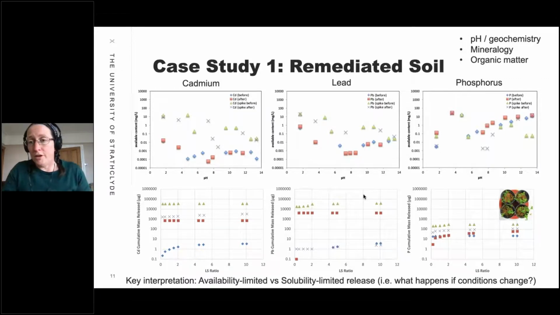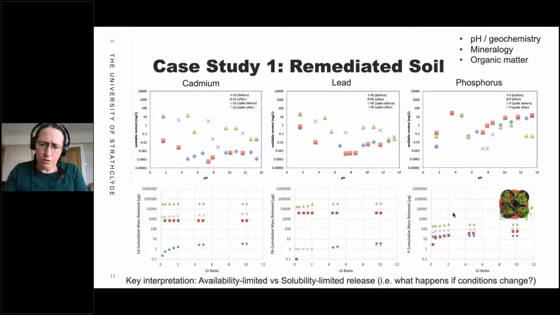The last one I wanted to highlight is phosphorus, because mostly I've been talking about contaminants, but phosphorus is a real benefit in this case. What we noticed, and it wasn't so apparent with the 1313 data, because pH changes are more complicated.